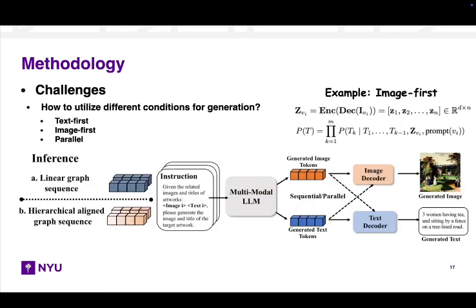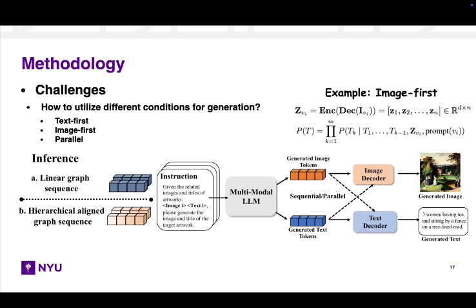And for inference, this is our prompt, or instruction: given a related image and titles of artworks, image i, text i, please generate the image and title of the target artwork. We input that into the multimodal LLM.